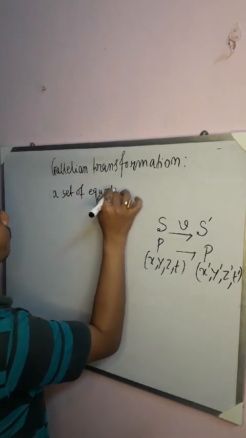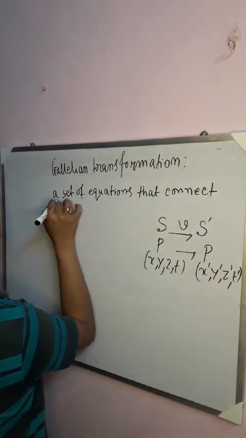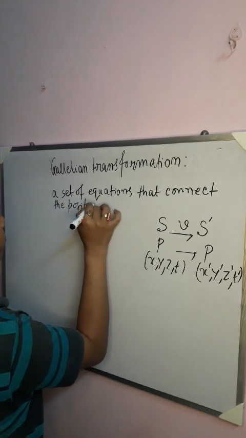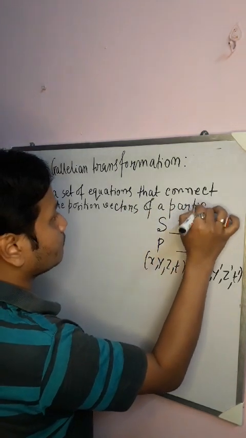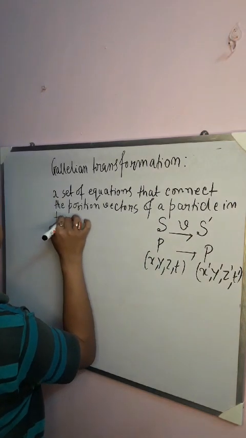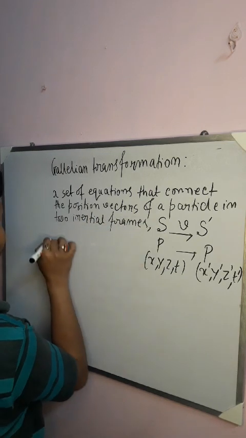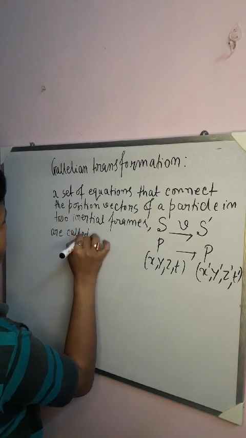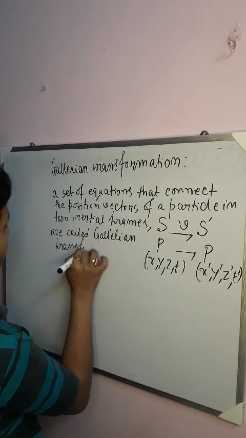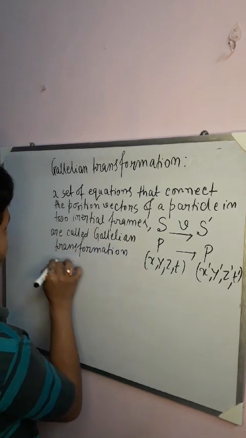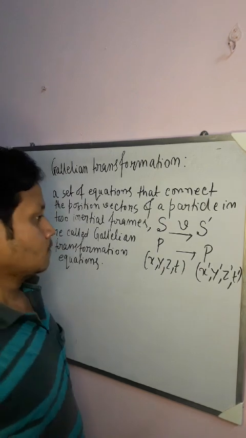A set of equations that connect the position vectors of a particle in two inertial frames are called Galilean transformation equations. Okay, so what are the equations?